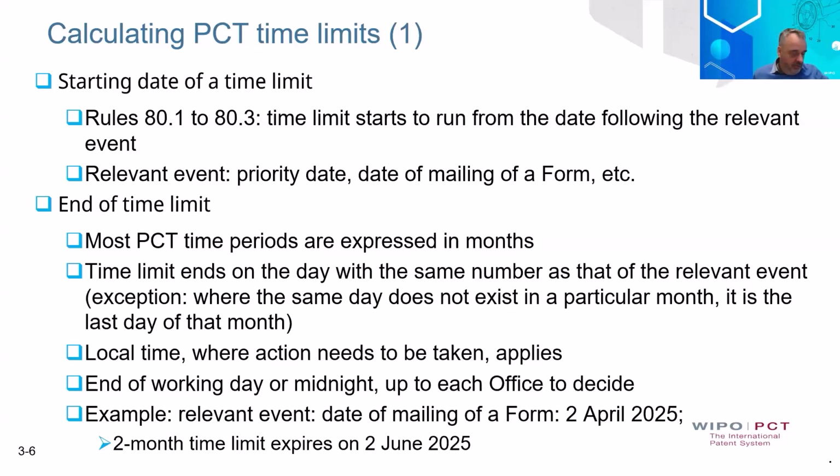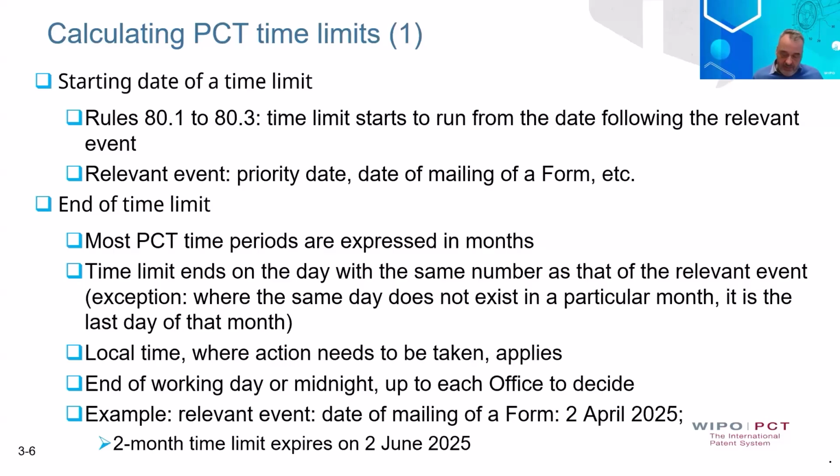Tomorrow, if I'm not mistaken, would have been the 30th of January, and then I would have said, well, take the example of today, and 1 month from today would be 30th of February. And of course that doesn't work because there's no 30th of February. So the exception applies that where the same date doesn't exist in the month when the time limit expires, it's the last day of the month.